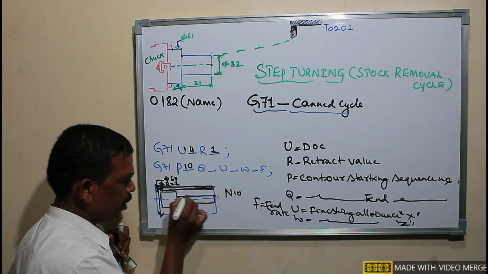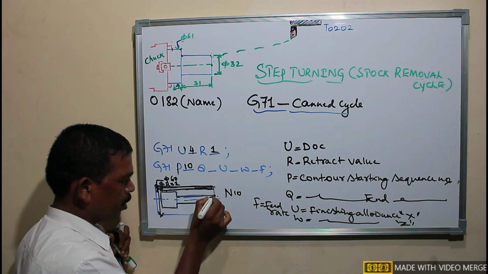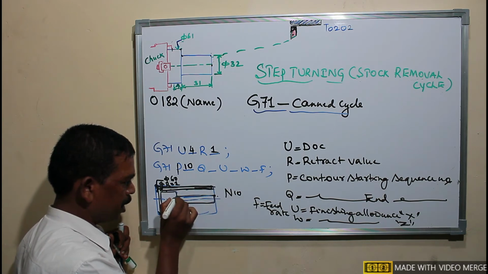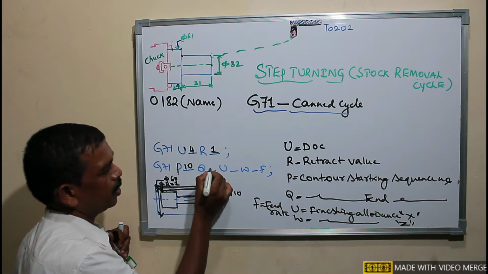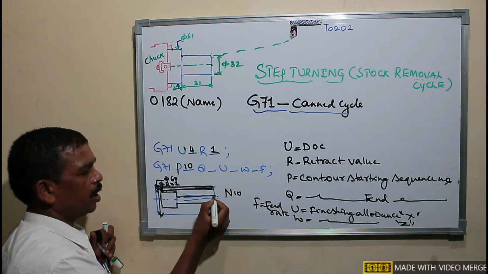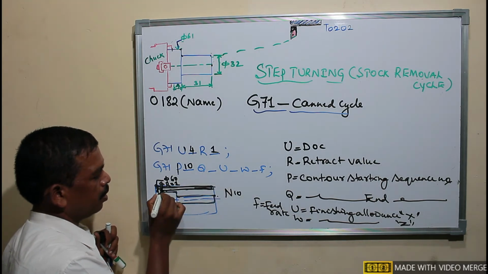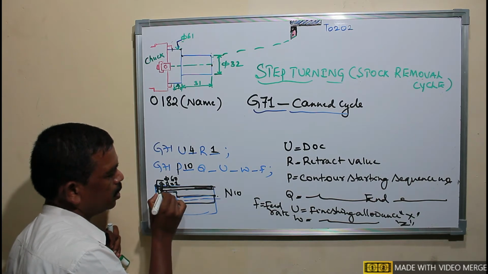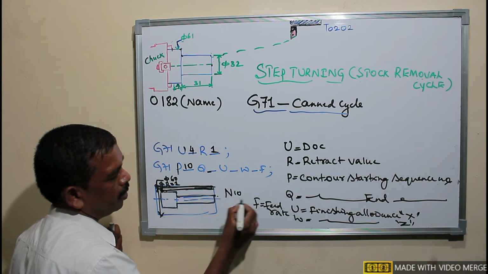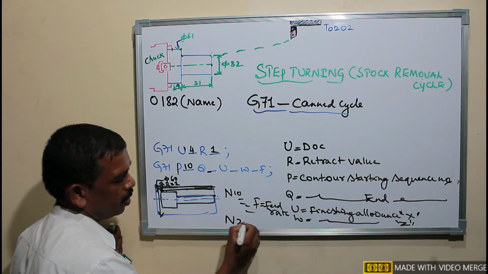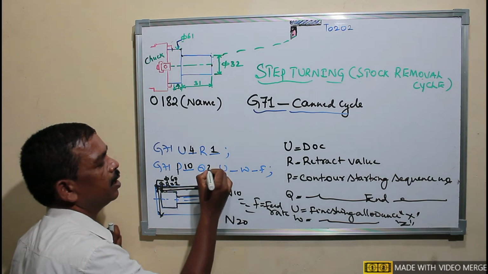And Q is the contour end. I will write the program from here to here, and then to here, and then to here. So the contour end number is the end sequence number, the Q number. If that number is N20, then we have to write the 20 here.